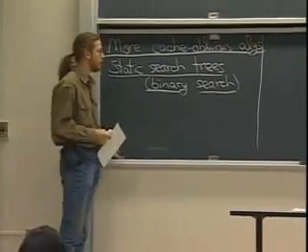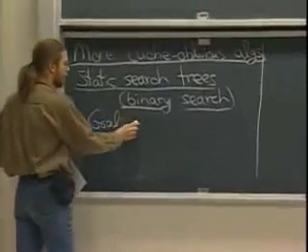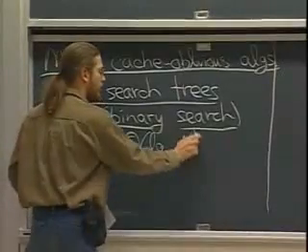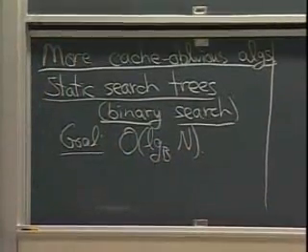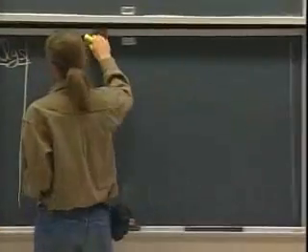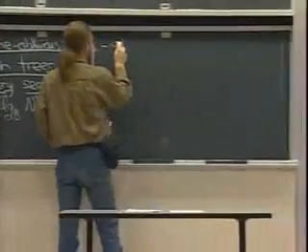We know that with B-trees, our goal is to get log base B of n. We know that we can achieve that with B-trees when we know B. We'd like to do it when we don't know B. And that's what cache-oblivious static search trees achieve. So here's what we're going to do. As you might suspect, we're going to use a tree.